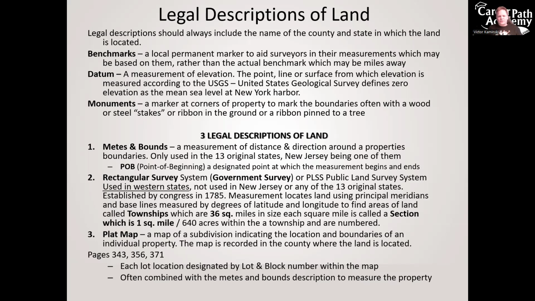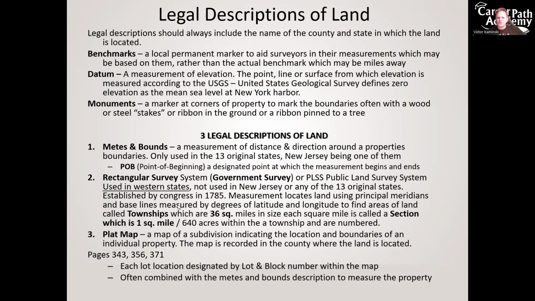The rectangular or government survey, this system is used in Western states. It's not used in New Jersey or any of the 13 original states. It was established by Congress in 1785. This one is not used in Europe or any of the other countries.